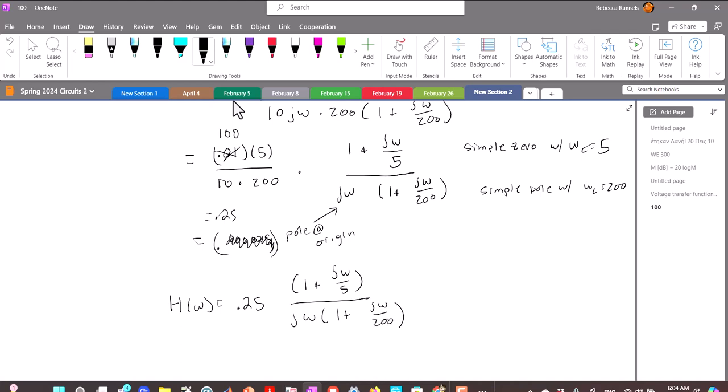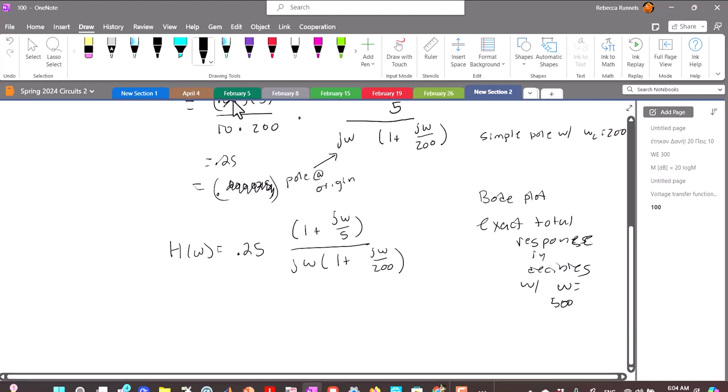And let's say I also want to, in addition to a Bode plot, determine the exact total response in decibels when omega equals, let's say, 500.